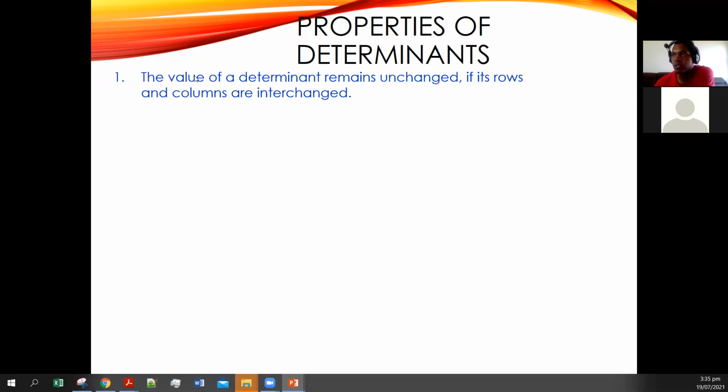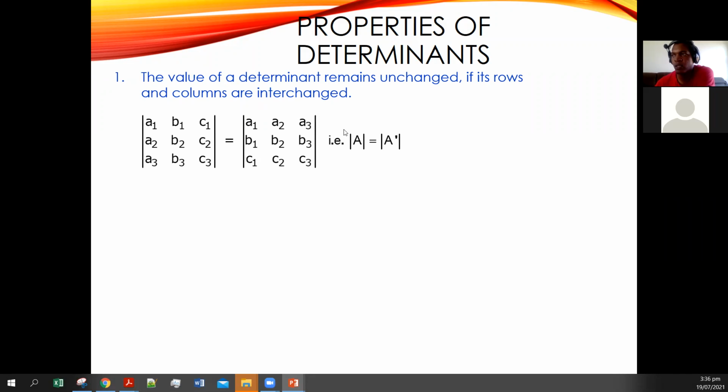Properties of determinants. The value of a determinant remains unchanged if its rows and columns are interchanged. Even if you transpose the matrix, remember we talked about matrix A and matrix A transposed, the prime, where your rows turn into columns.